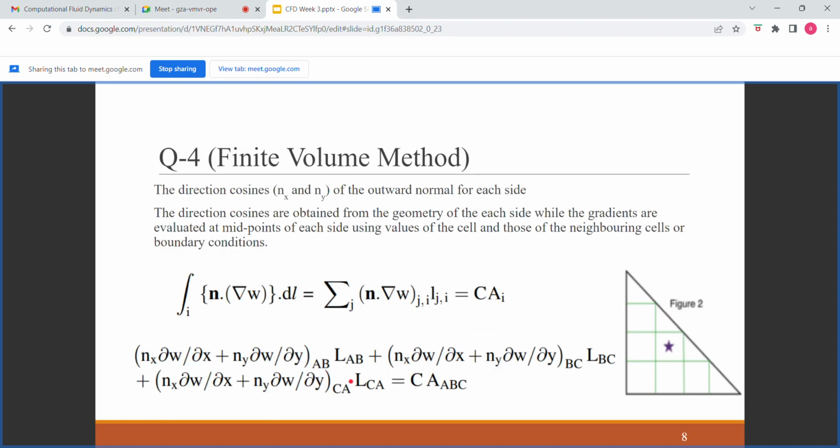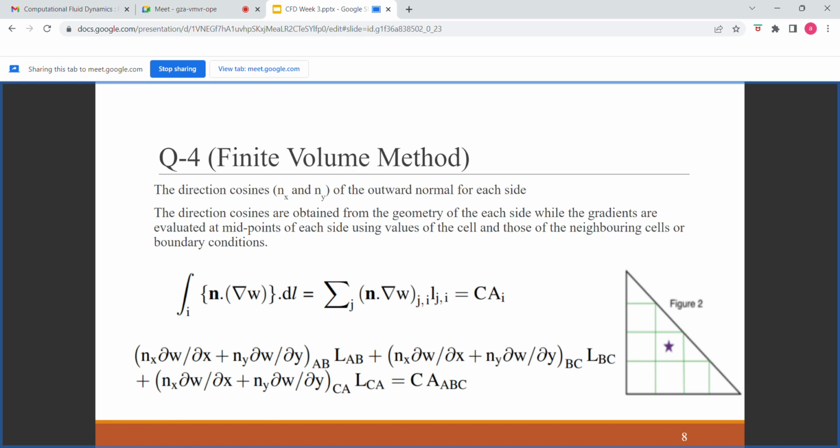So for this problem, figure 2 is considered. So we'll see how many equations we can frame if we are using finite volume method to solve all these equations, to discretize all these cells.